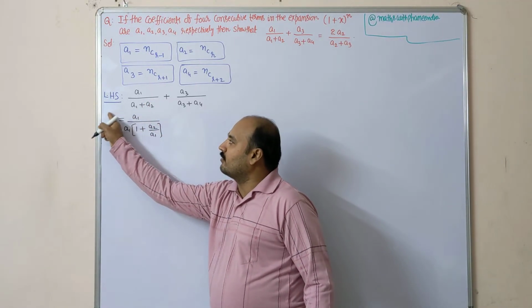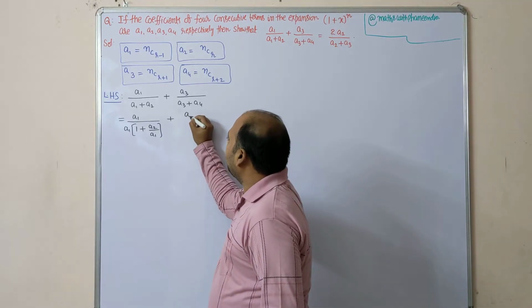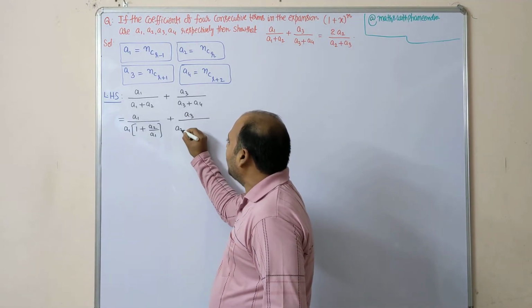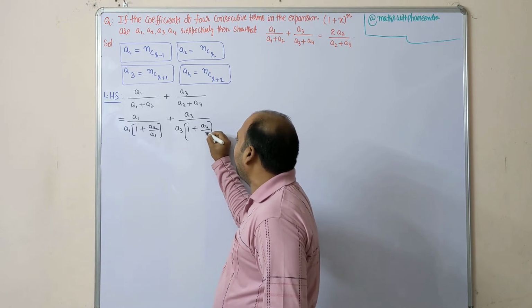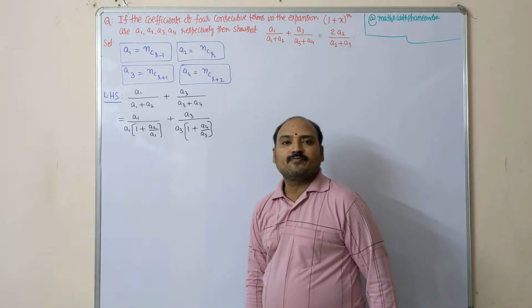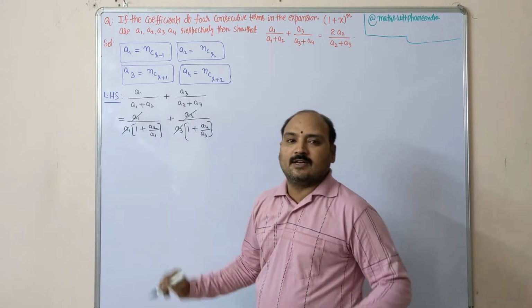And A3 I am taking common from the denominator, 1 + A4/A3. So here A3, here A3, here A1, here A1 get cancelled.